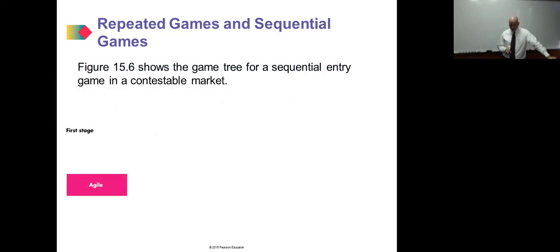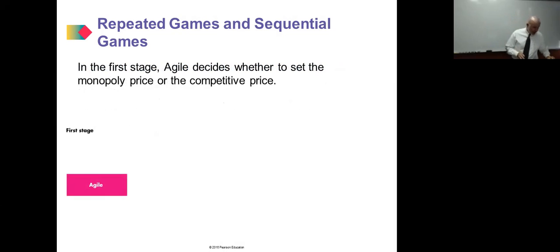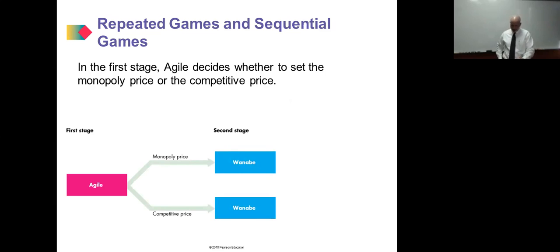And let's look at this. I'm going to use Agile and, who's the other player? Wannabe. Now in the first stage, Agile decides whether to set a monopoly price or the competitive price.